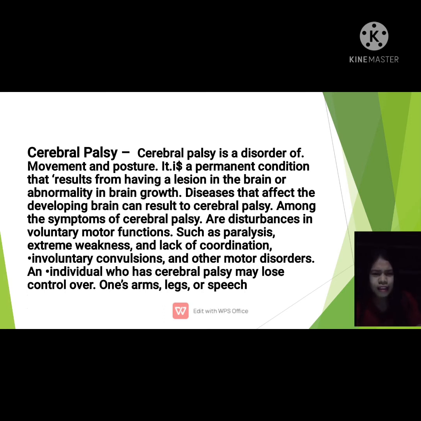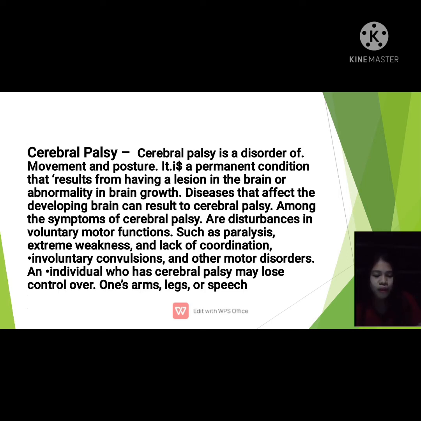Yan, kapag sinabi nating cerebral, ito ay sa intellectual. While naman sa palsy, ito naman ay ang uncontrolled body. Yan. Ano nga ba yung sanhi ng cerebral palsy? Ang sanhi ng cerebral palsy ay pinsala sa mga parte ng utak na nagkokontrol sa pagkilos, balanse at postures.